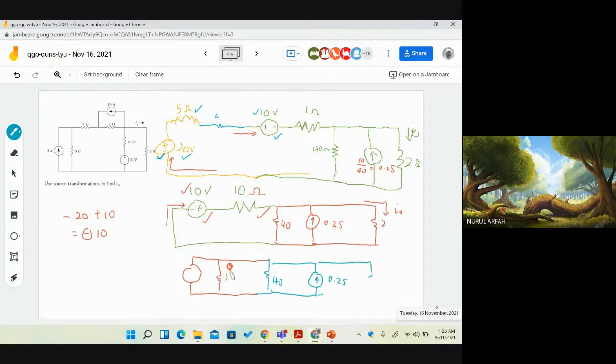Okay, like this. Okay, 10, good. What about the current source? Okay, going up, yes. And this is 1 amps. Don't forget the unit, all right?